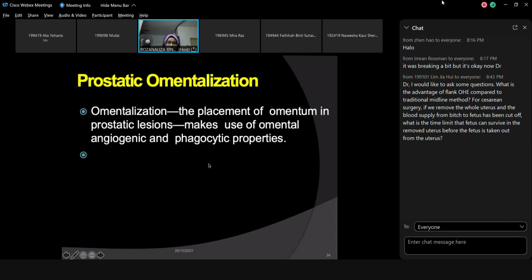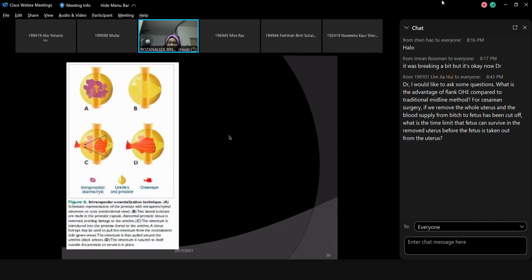So we talk about prostatic omentalization. As I say, the book makes it sound very easy, but it's actually not an easy surgery. You have to imagine this picture. This is your prostate. You need to wrap the omentum around the prostate. This is called omentalization, or the intracapsular omentalization technique.